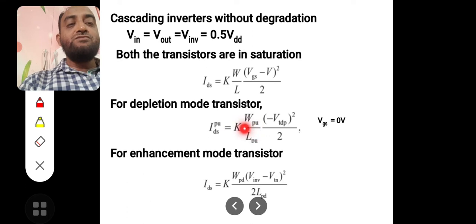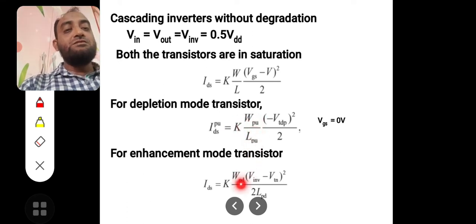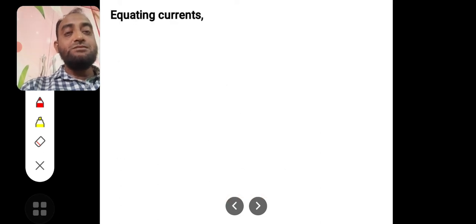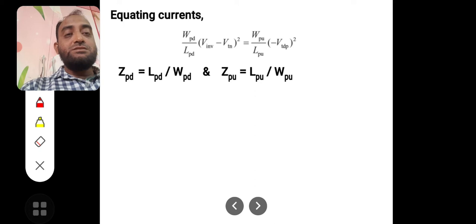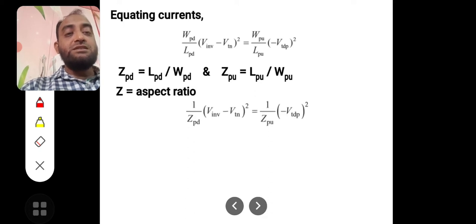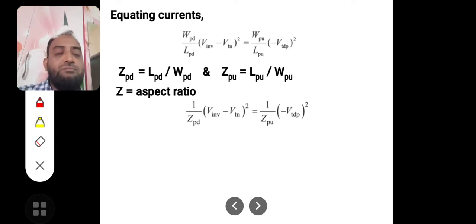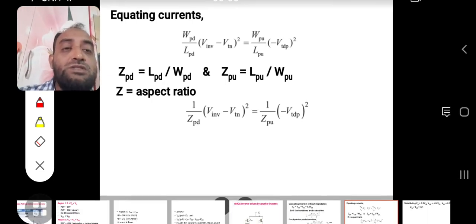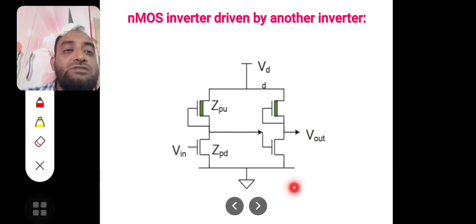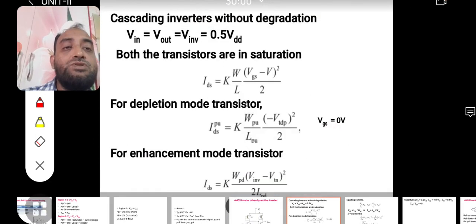Here we wrote the pull up device width and length, but here it should be the pull down device width and length, because both the devices are connected in series. In series, the current will not change, the same current will be there. So these current equations which we have just seen, both the currents will be equal.